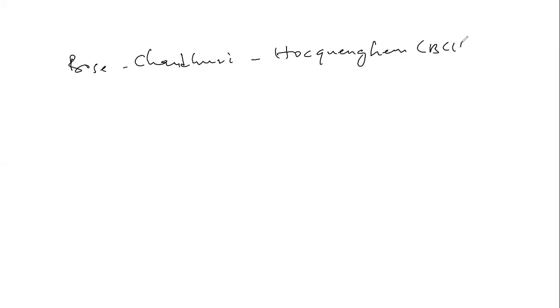Then we have some properties of BCH codes. The block length is the same as 2 to the power of m minus 1. Then the message bits are n minus mt. And the minimum distance is greater than or equal to 2t plus 1.